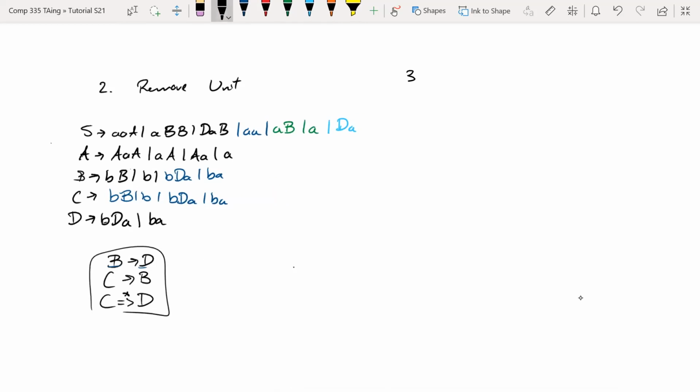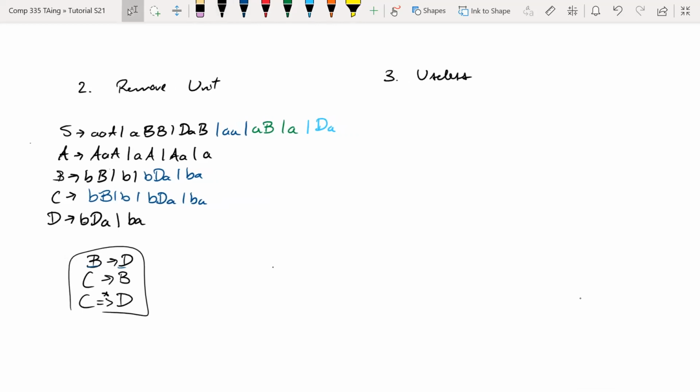And then the last thing is removing useless productions. I haven't asked any questions, so this is going to be the first one. Are there any non-generating variables?